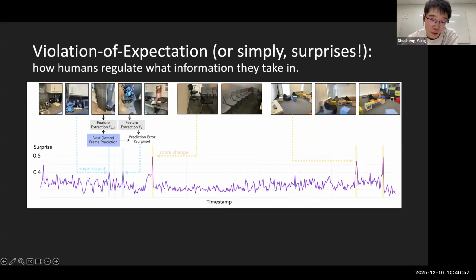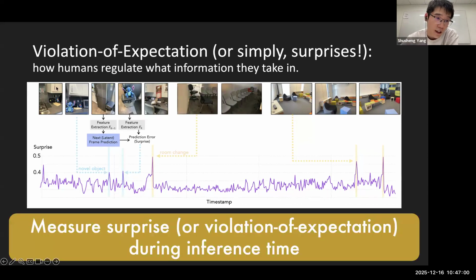For example, as the frames go, for every frame, the model will extract its feature and feed it to the model, and the model will predict the next frame's latent feature. And then when the next frame's ground truth comes in, we measure the difference, or the surprise, between the ground truth observation and the predicted latent features. And then we can use this surprise as a signal for future use.